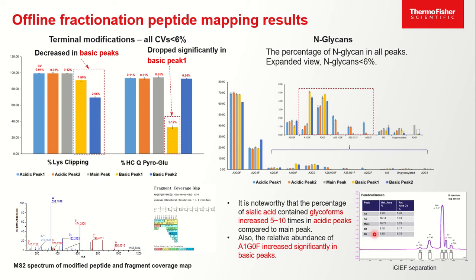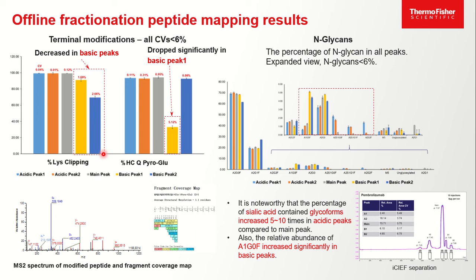For subsequent peptide mapping analysis, the collection procedure is automated, and around 160 micrograms of protein was separated and fractionated in 2 days. Each well was a combination of 15 to 20 runs, and the fractions were reduced, then digested with trypsin. In this experiment, selected PQAs including terminal modifications, N-glycans, and side chain modifications such as deamidation, succinimidation, and oxidation were identified and relatively quantified in all acidic, basic, and main peaks.